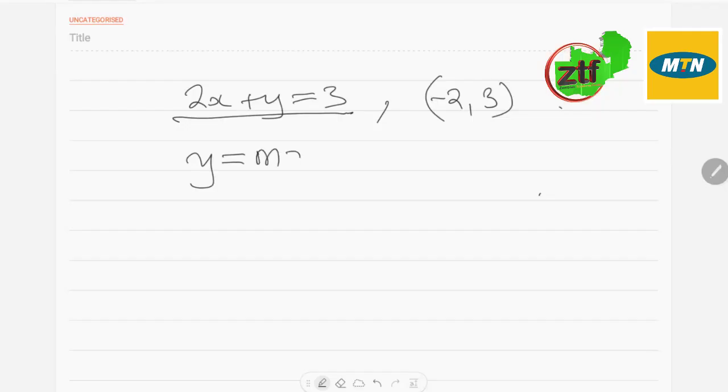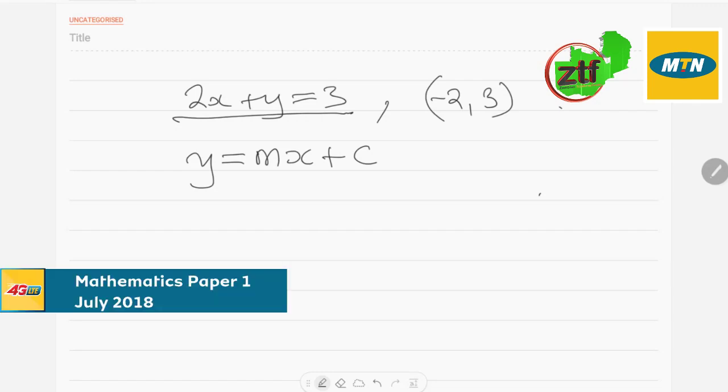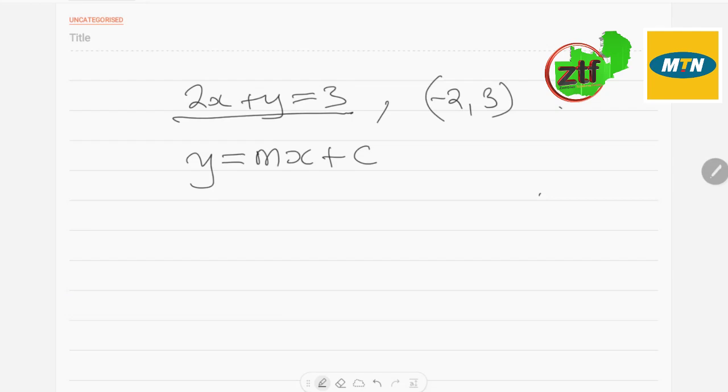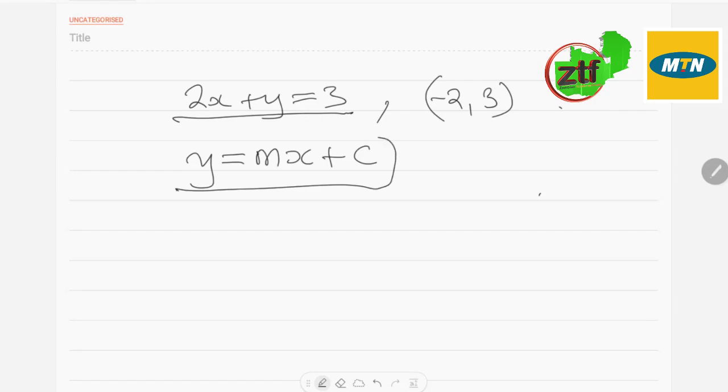So first of all, you need to remember that the standard form of a linear equation is y equals mx plus c. Now, when you look at the equation that has been given, rearrange it in the order of the standard form of the equation of a straight line.